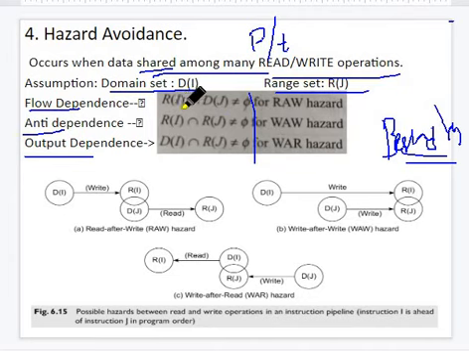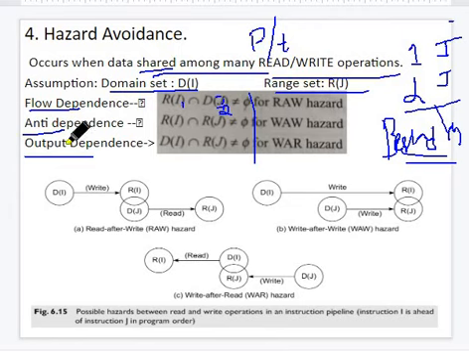The input of the first should not be the output of the next, and the output of the first should not participate as input for the next. One more assumption: I and J. I means the first instruction, J means the second instruction. I then J. You can also write I as I1 and J as I2.